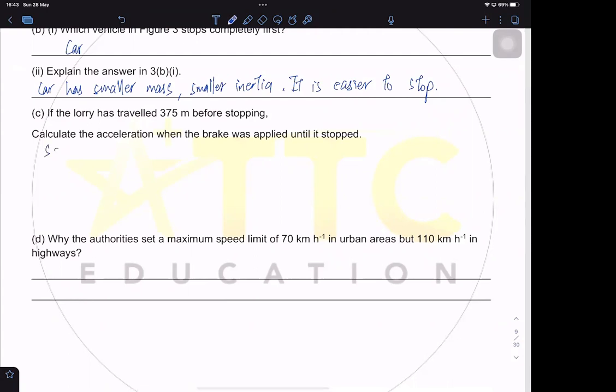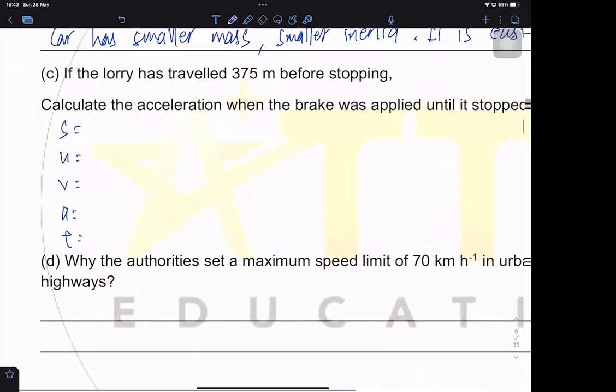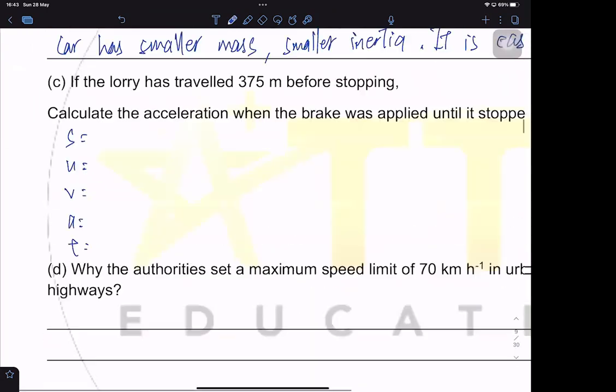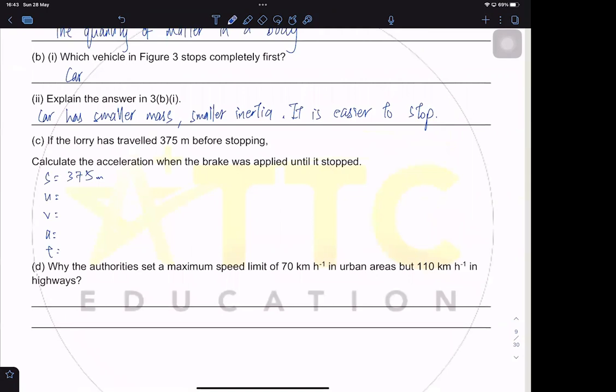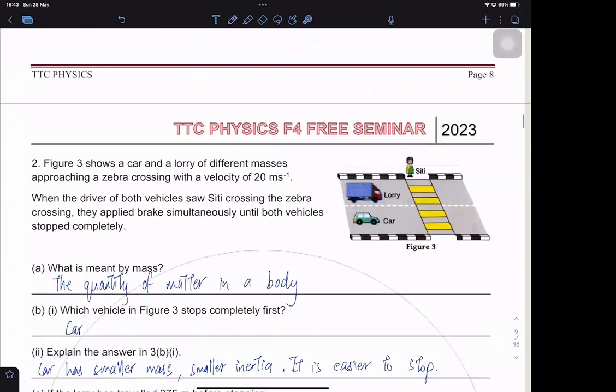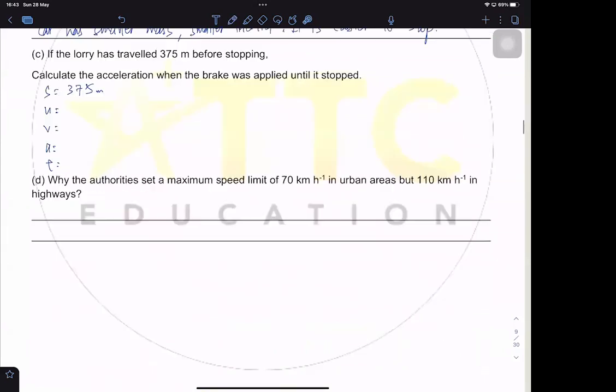So for SUVAT, we will write down SUVAT first to see what information we have. The S is how far we are traveling. So we go 375 meters. Initial velocity: before the brake was applied, they are both traveling at 20 meters per second.